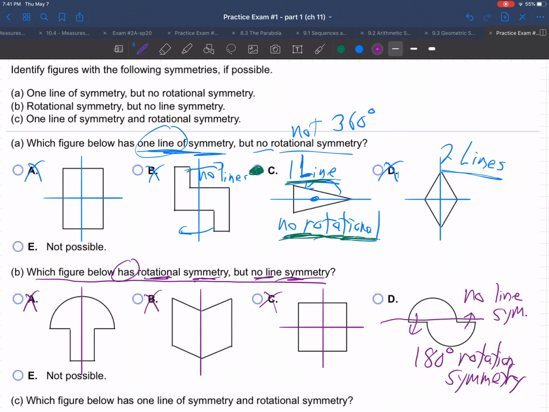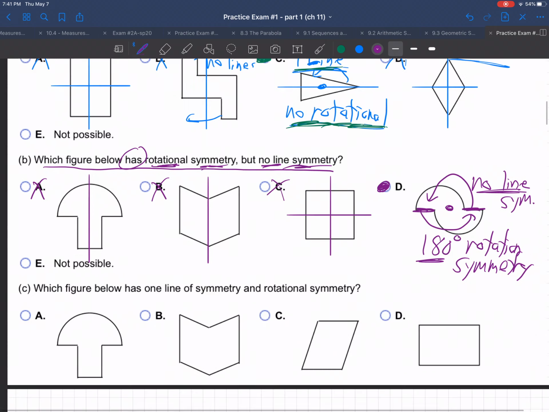If you turned this object halfway around, if you put the center right here and you let this part go there and this part go there, it would be right back onto itself. Turn it halfway around, 180 degree rotation symmetry. So that's the one. It has no line symmetry and it has rotational symmetry. So the answer is D on that one.